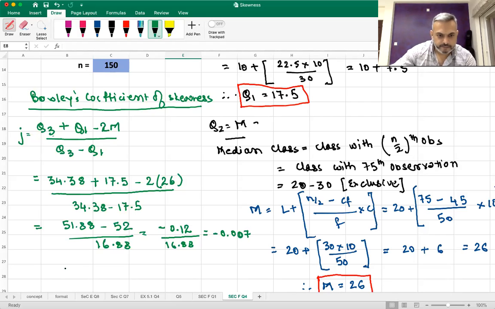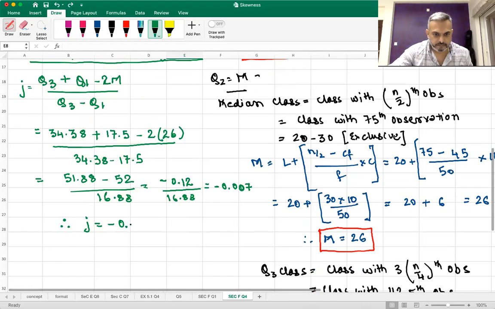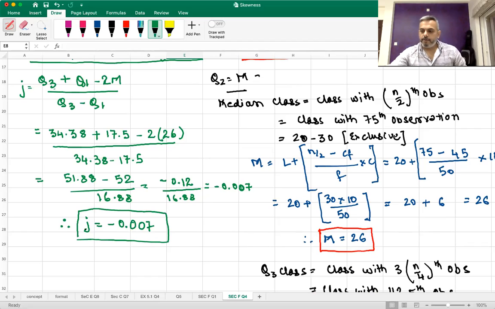Therefore, J is equal to minus 0.007. Final answer. Now it's a negative skewness, but very marginally skewed because it is very near to zero, almost zero.